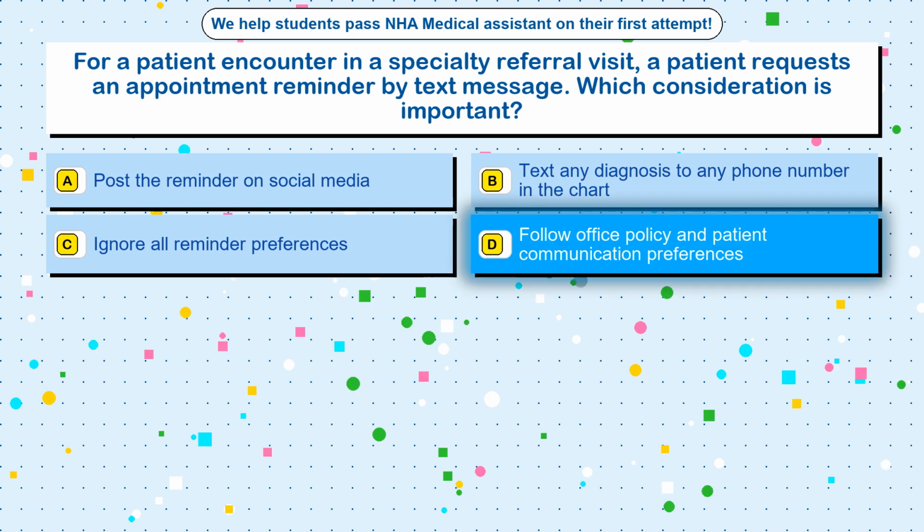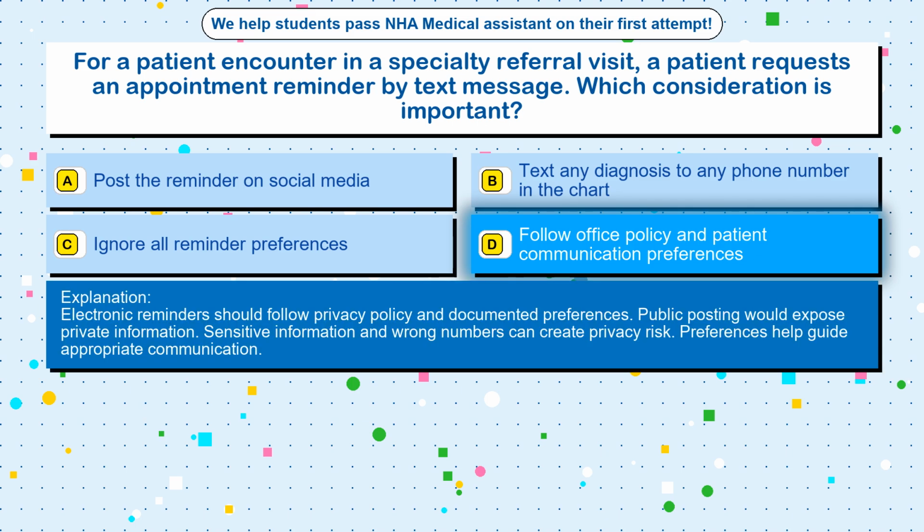The correct answer is option D. Follow office policy and patient communication preferences. Electronic reminders should follow privacy policy and documented preferences. Public posting would expose private information. Sensitive information and wrong numbers can create privacy risk. Preferences help guide appropriate communication.